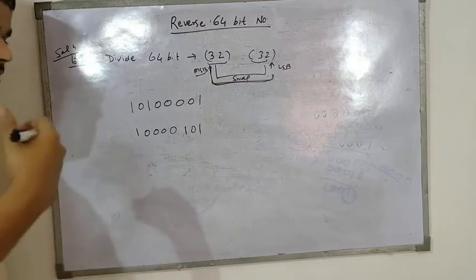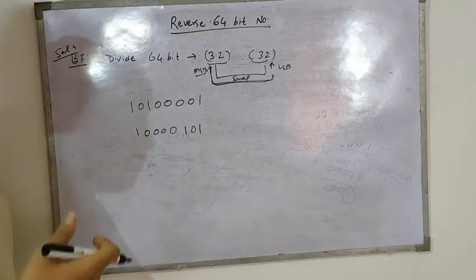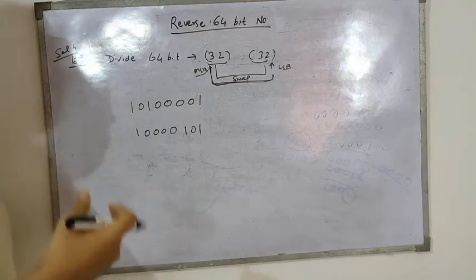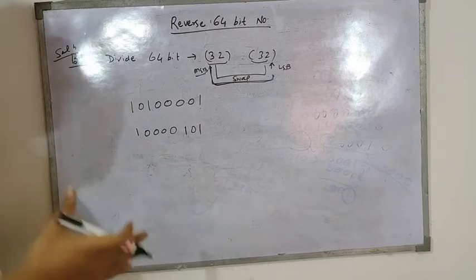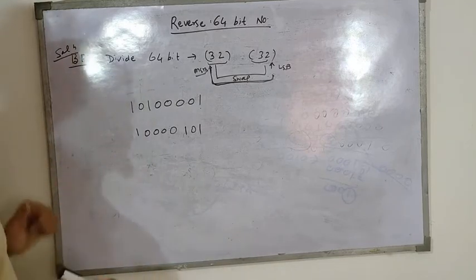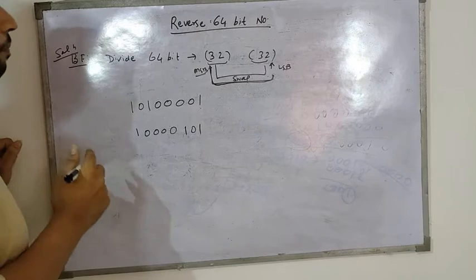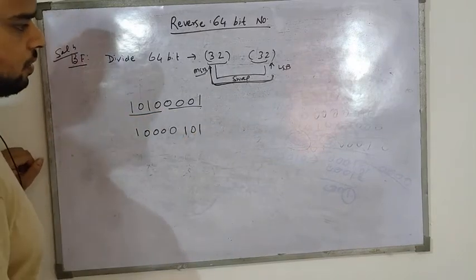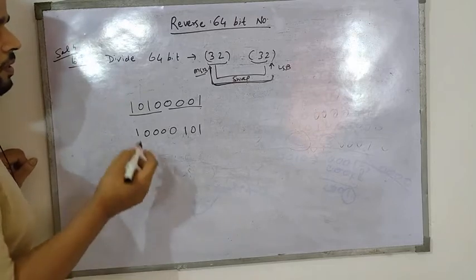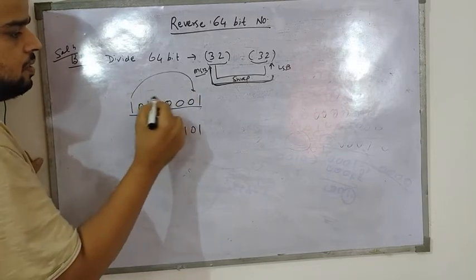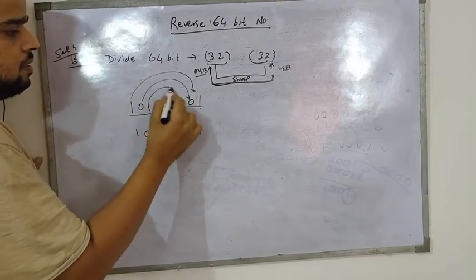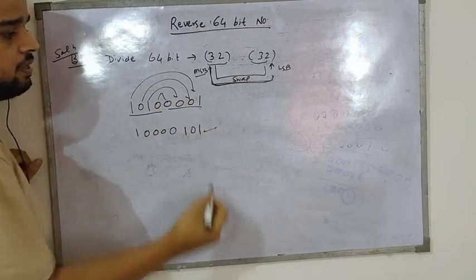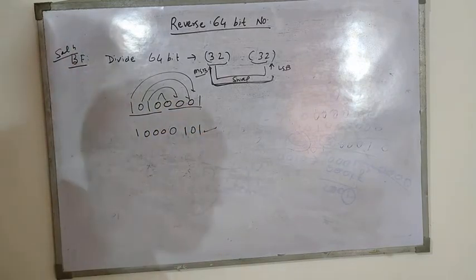So I will have to iterate on all the bits present in each section of 32 bits. If I take the example of an 8-bit number and want to reverse the bits, I can swap this with this, this with this, this with this, and this with this, and this will be the result. So this is the brute force approach.